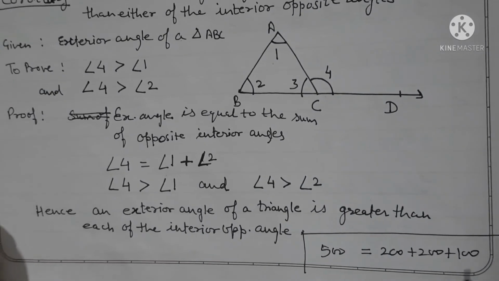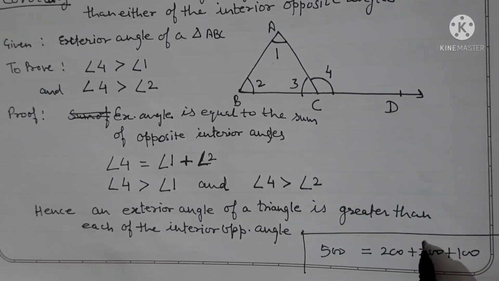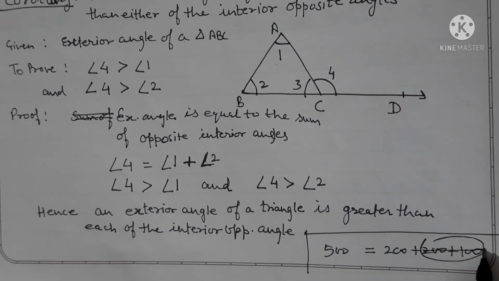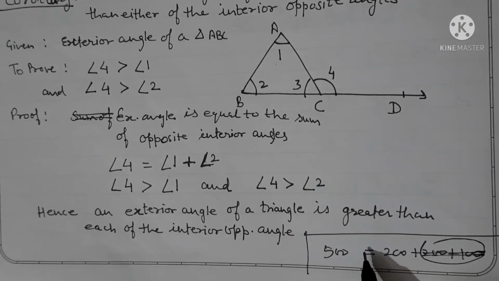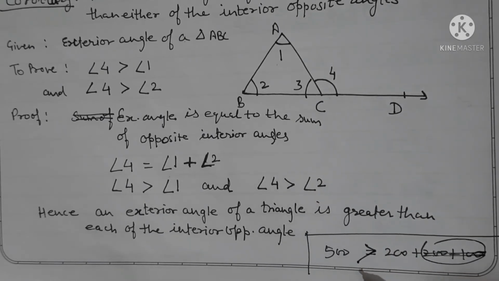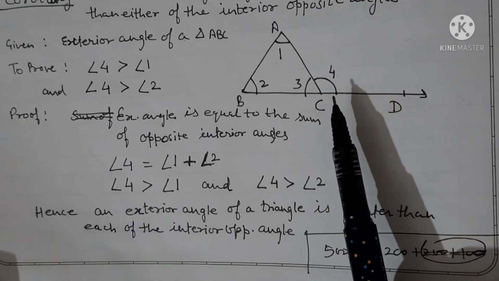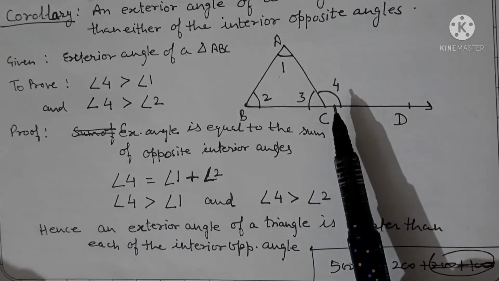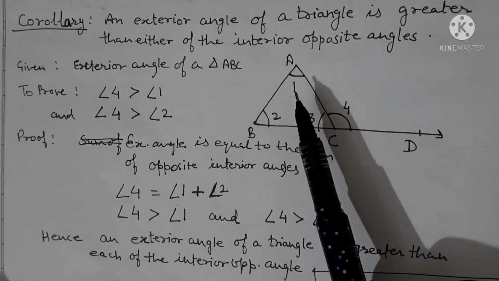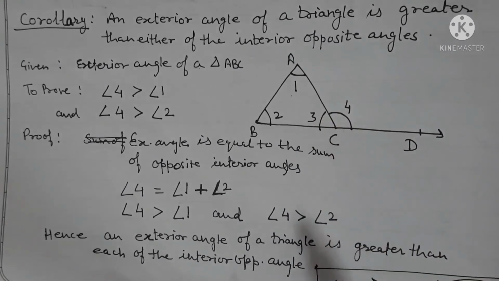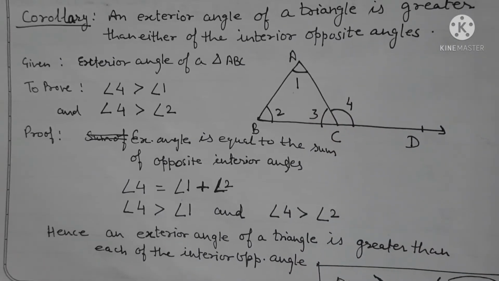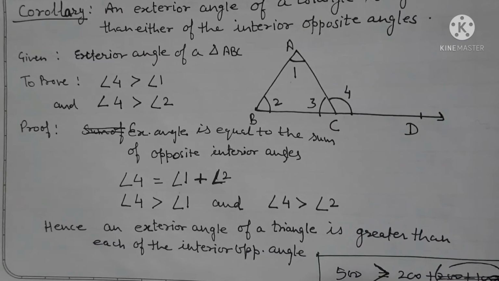Now remove this part from here, so you can't put an equal sign. That time this part will be bigger. Only this concept we are using to show the exterior angle is always greater than each opposite interior angle. Now I think you got my point with the example.